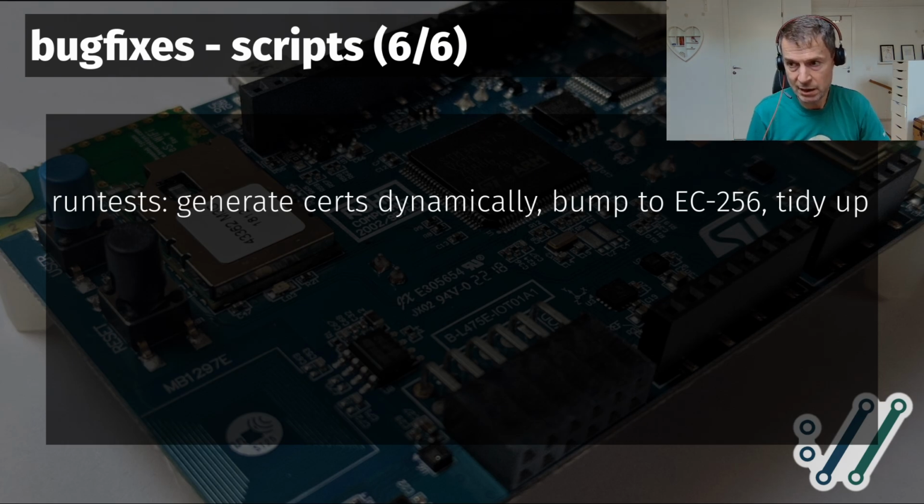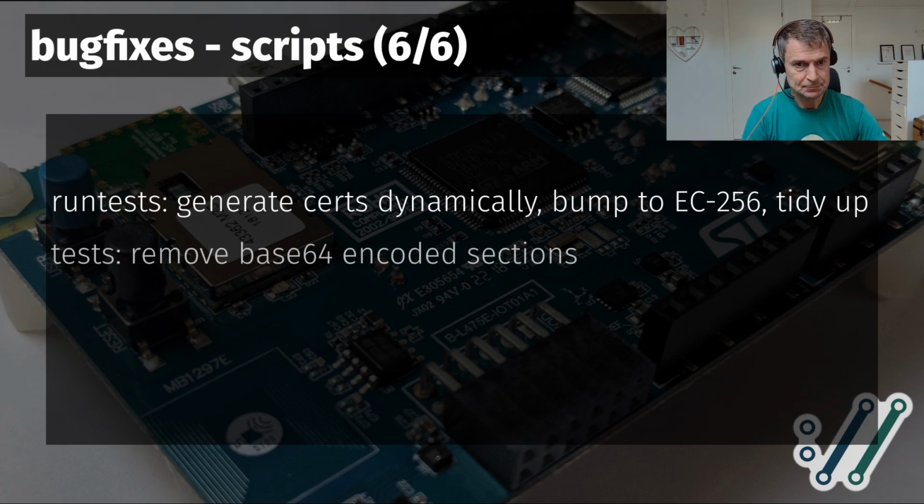For example, we removed all the test certificates from the Git repository because they didn't have to be there, and now we generate them dynamically in the test suite instead of having them in Git. Nicer, fewer files in Git, fewer weird files in Git, and it's nicer all around.